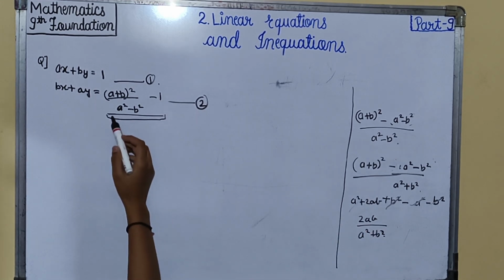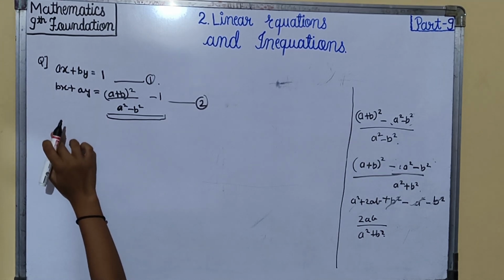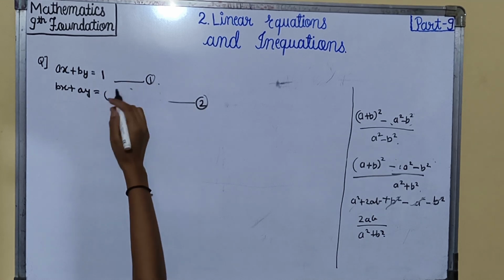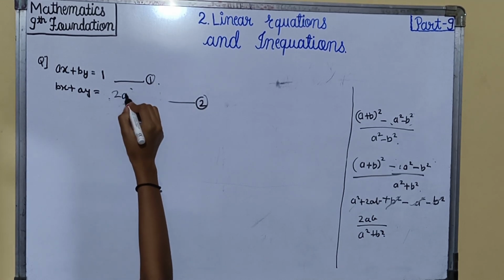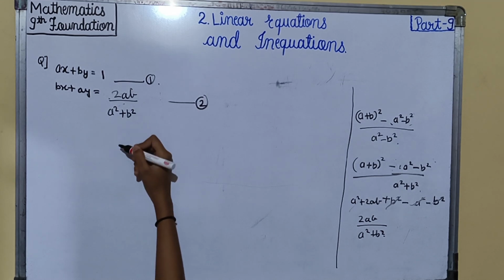So we have simplified this. At the place of this we'll write 2ab upon a square plus b square.